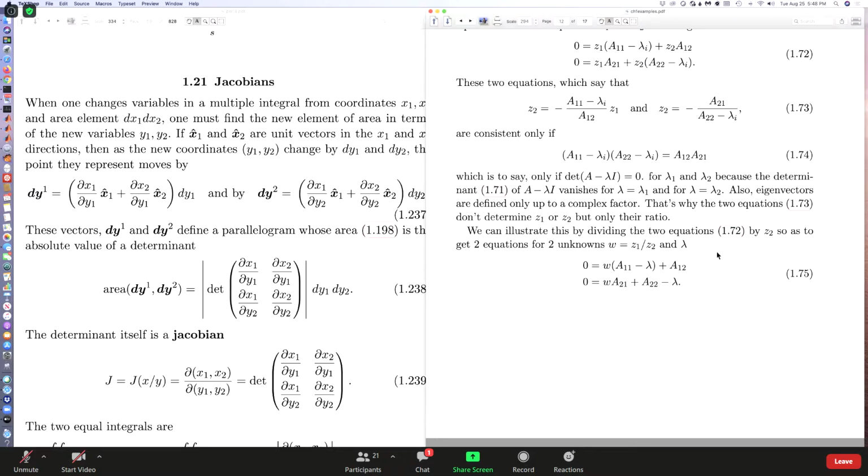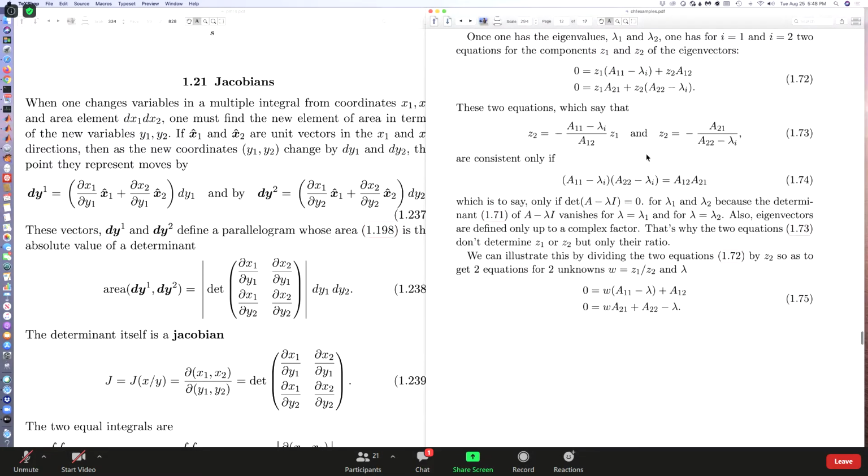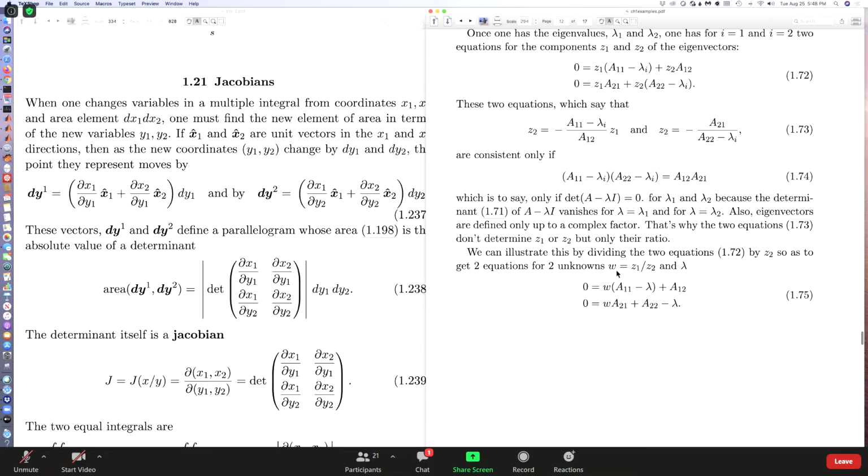Let's see once again a consequence of the fact that the eigenvectors are only determined up to an overall factor. If we imagine that the eigenvector z is two-dimensional, and we assume just for now that Z2 isn't zero, then we can divide the eigenvector by Z2, and the eigenvalue equations become simpler.